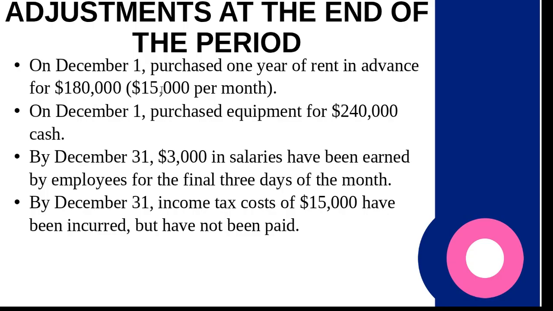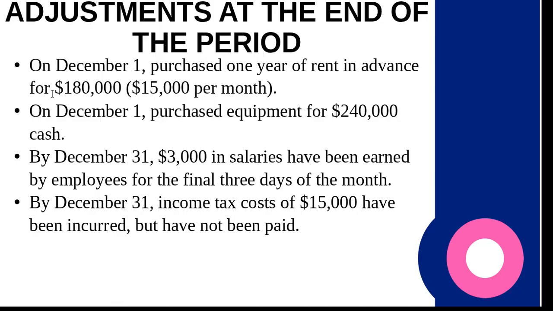You only put the $15,000 per month in that account for that year, and the remaining money will be prepayment, which is an advance payment, an asset they are still going to enjoy in the years to come. So that one will be recognized as an asset in your business.